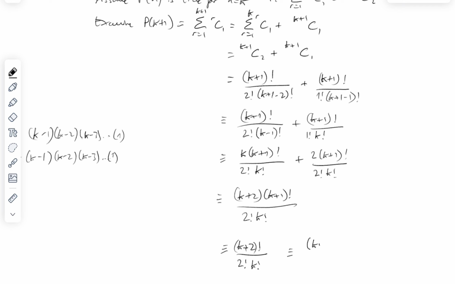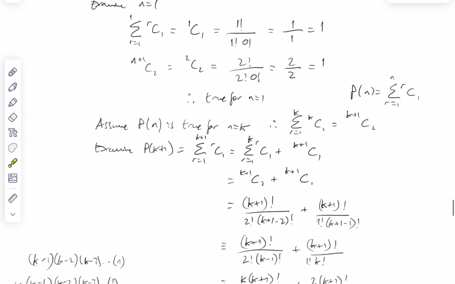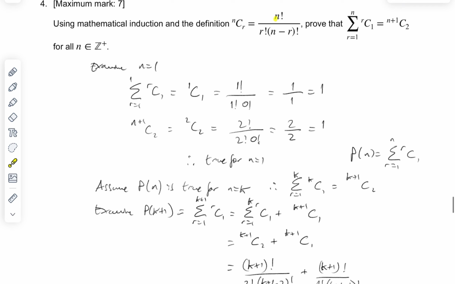which actually is the same as k plus 2 factorial over 2 factorial and k plus 2 subtract 2 factorial. And if we look carefully at our formula up here, that's k plus 2, and that's k plus 2 subtract 2, and that's 2.